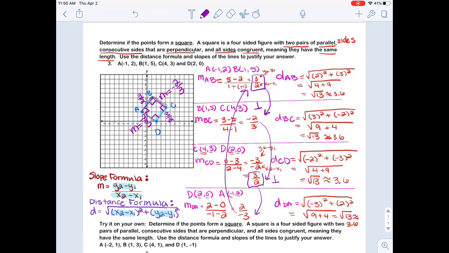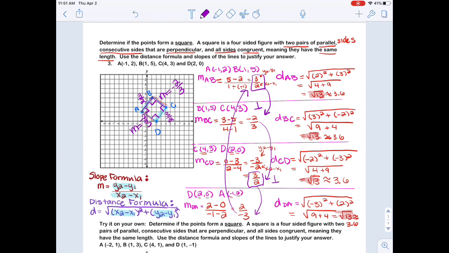The last thing said, are all sides congruent, meaning that they have the same length. Well, if I look at the length of all of these, I got root 13, root 13, root 13, root 13. So those are all the same decimal, 3.6. So we have proven that this is a square.